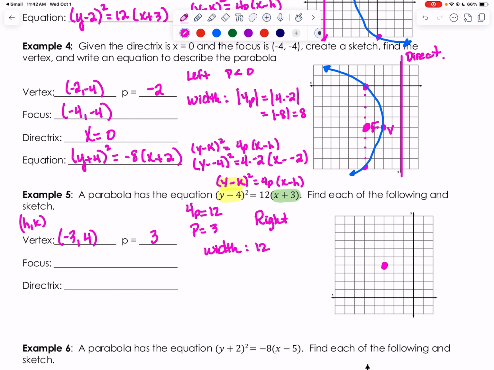That is our vertex. We know the value of p is 3. So 1, 2, 3. This would be our focus. And then go the opposite direction. 1, 2, 3. Our directrix would be right here.